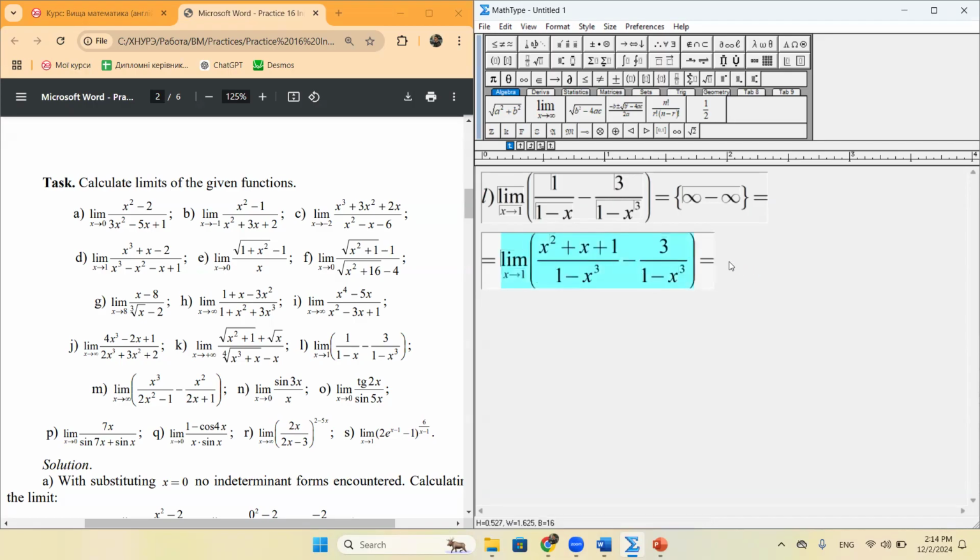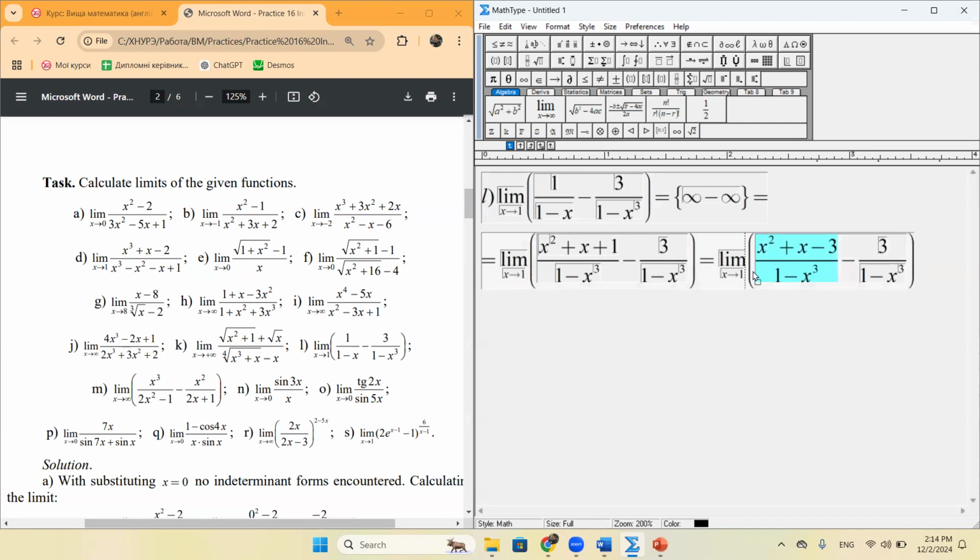And now, subtracting 3, we will get the following. So this expression. And now we have the indeterminate form.